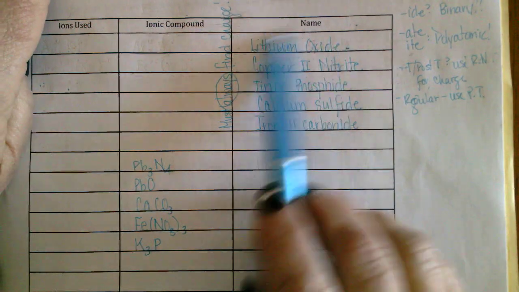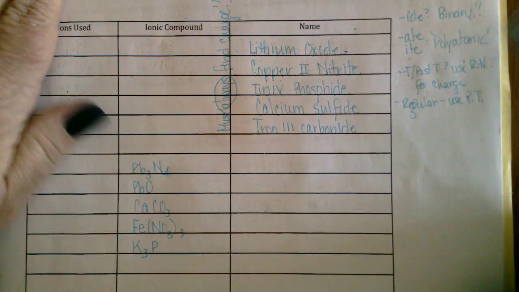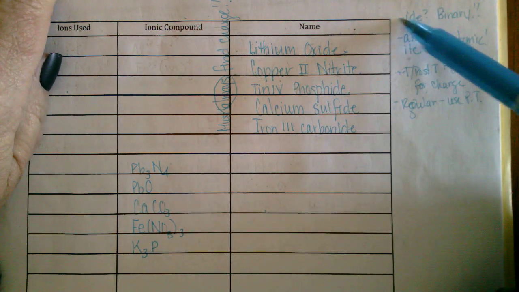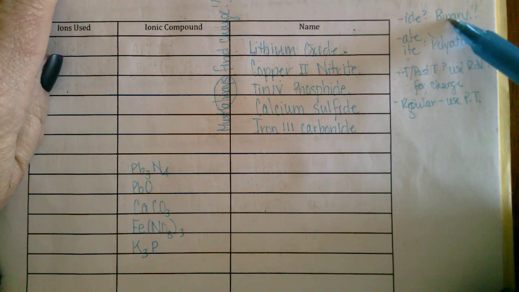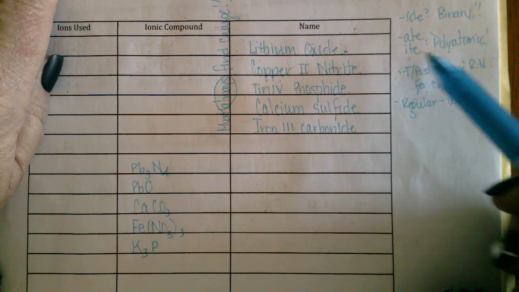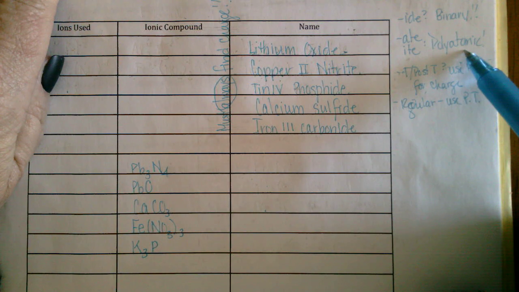So we'll start with going from a name to a compound. There's a couple of things that I would encourage you to look for. Look for how the name ends. That will tell you whether you have a binary compound, which means only a single element for your nonmetal, or you have a non-binary compound, which means you have a polyatomic ion for your nonmetal.